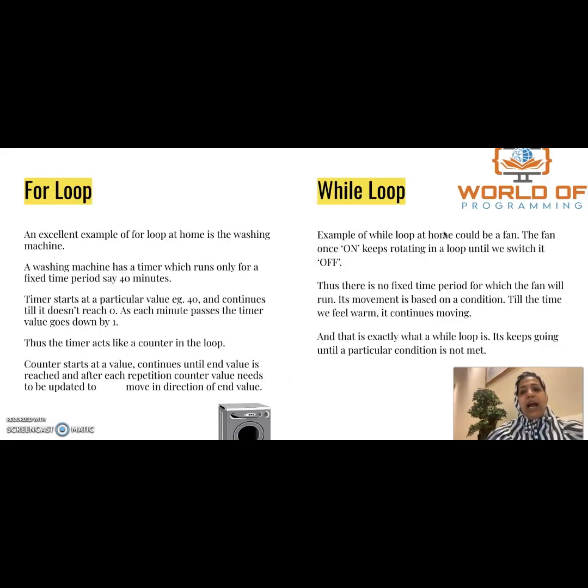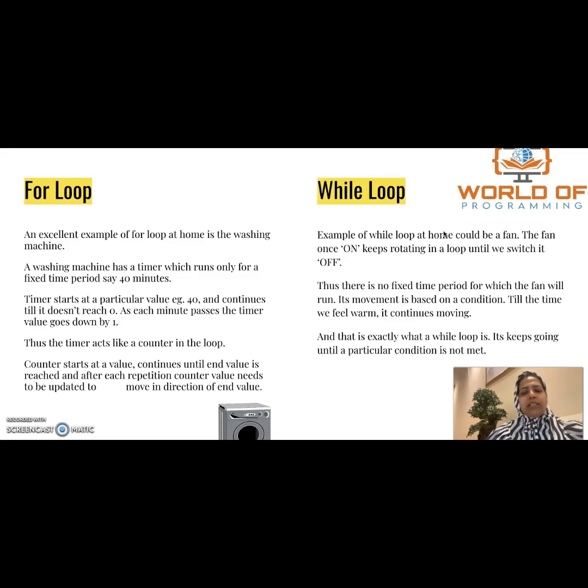As you can see, I have compared a for loop with a washing machine and a while loop with a fan. Let's see how. In case of the washing machine, whenever we start it, we set it to a preset timer. Let's say 40 minutes, 20 minutes.